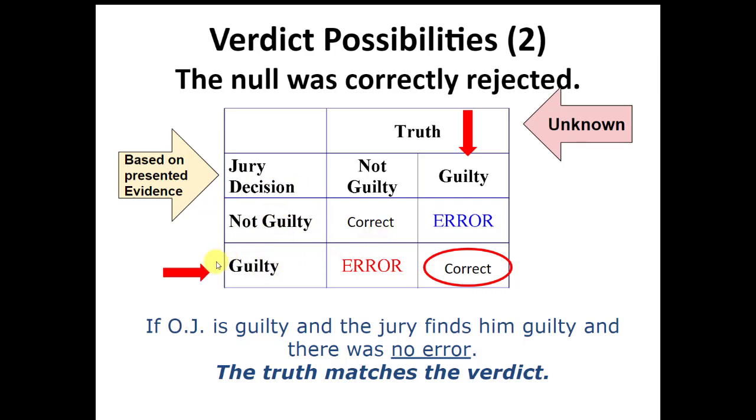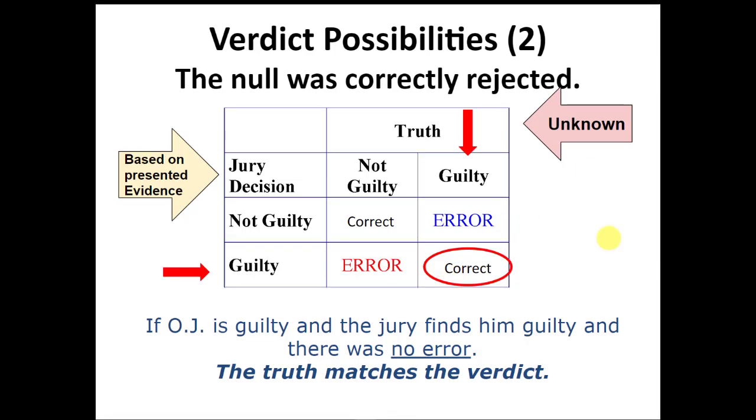Here, their verdict of guilty matches the actual truth. So the truth matches the verdict, and there was no error made in the decision. In this scenario, the null was correctly rejected.